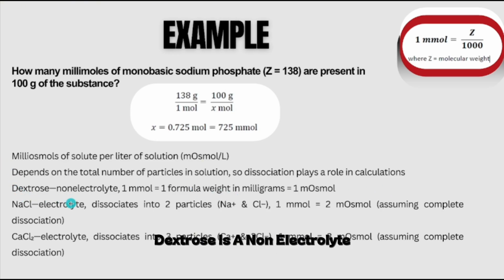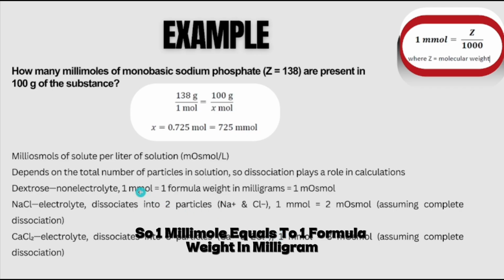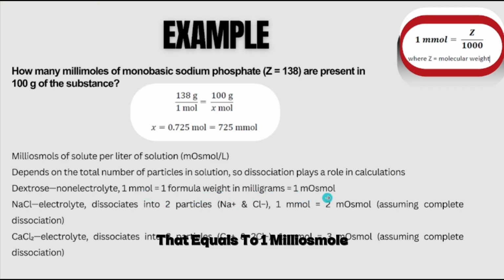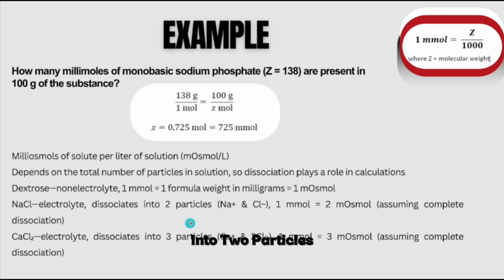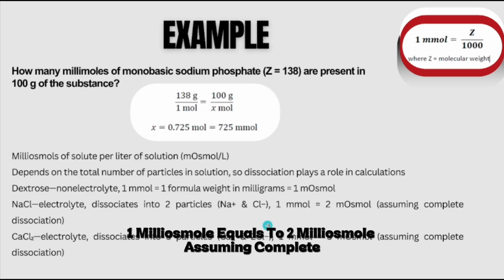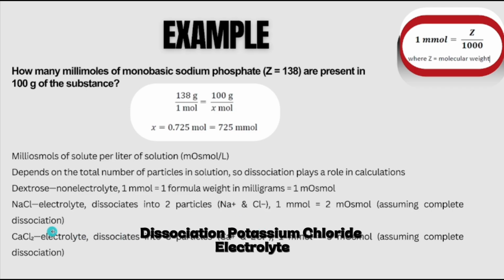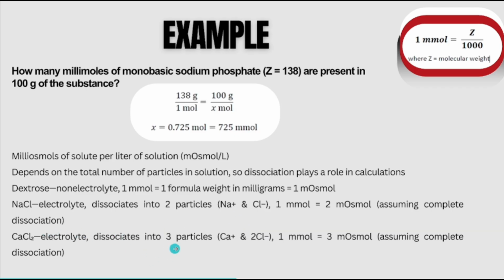Dextrose is a non-electrolyte. So 1 millimole equals 1 formula weight in milligram, which equals 1 milliosmol. Sodium chloride is an electrolyte. It will dissociate into two particles, so 1 milliosmol equals 2 milliosmol, assuming complete dissociation. Calcium chloride, an electrolyte, dissociates into three particles.